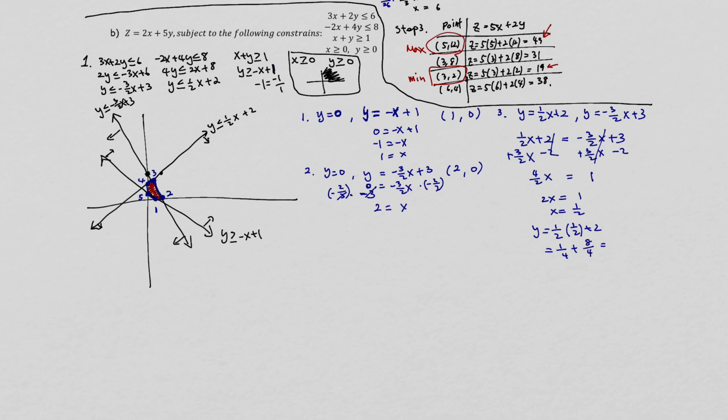So when you add them, you will get 9 over 4. So the third point you get is x equals 1/2, y equals 9 over 4.